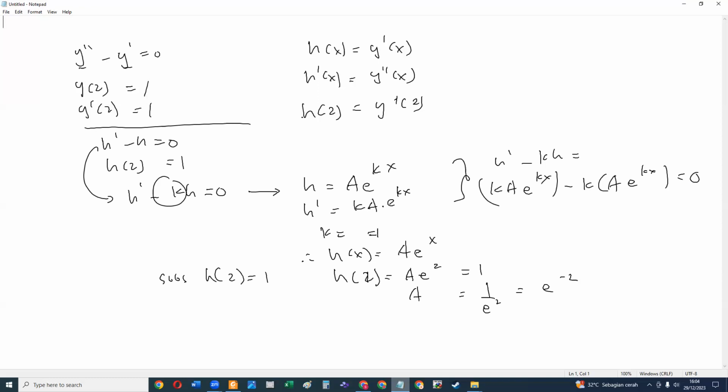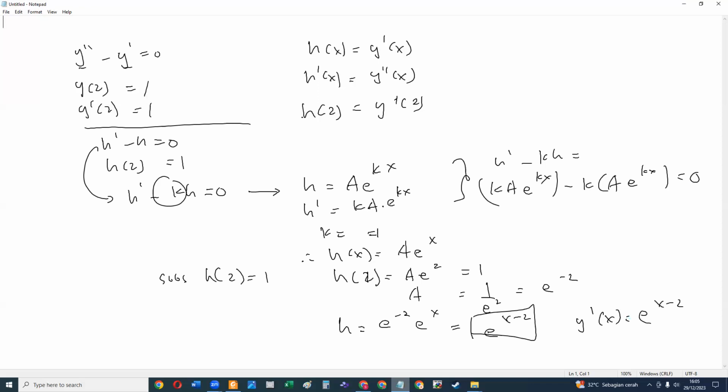Taken together, h is e to the power of -2 times e to the power of x, or we can simplify as e to the power of x minus 2. This is just h, not yet the y. So remember here we have y dash of x is e to the power of x minus 2.